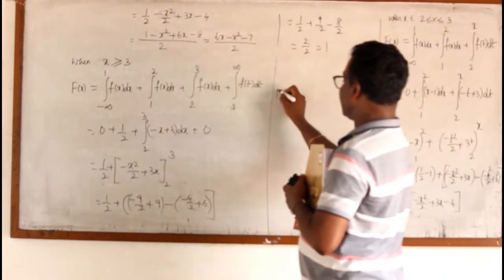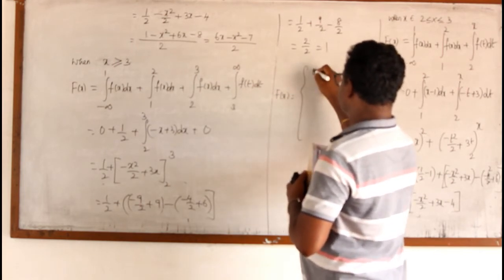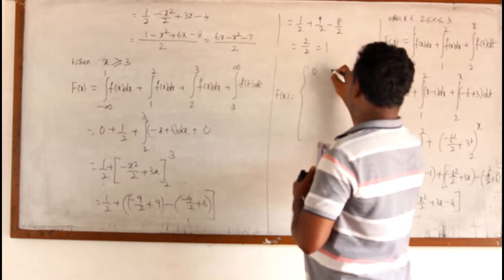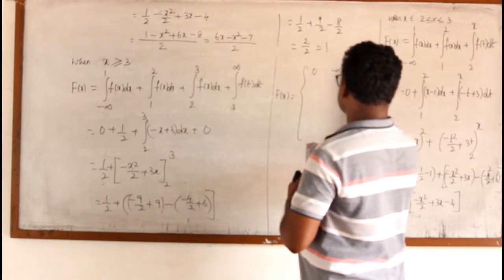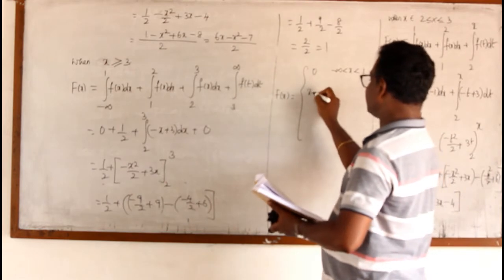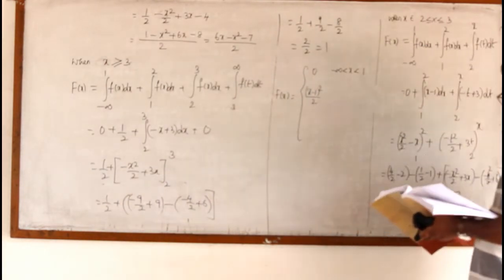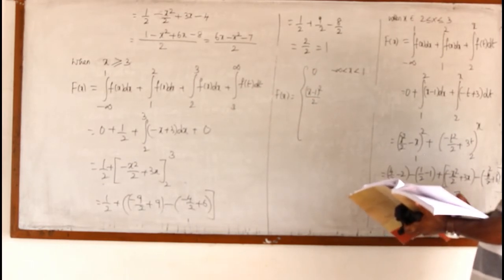So from this, can we explain what is capital F of x? It is 0 when minus infinity is less than x less than 1. For 1 by 2 we get x minus 1 the whole square by 2.